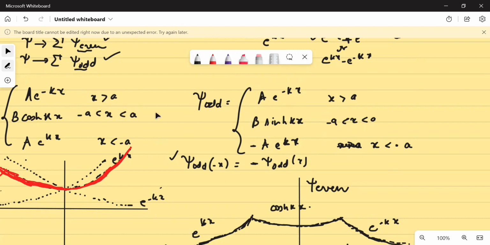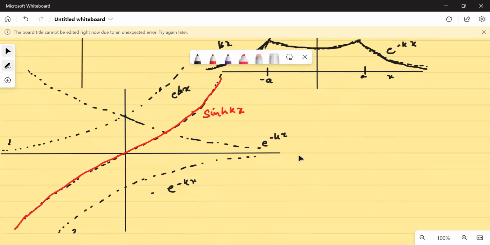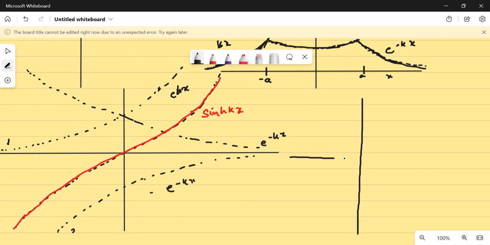Is that clear? Now, if I make this plot, so for example, now let us make the plot of the psi odd. So how psi odd would look like?